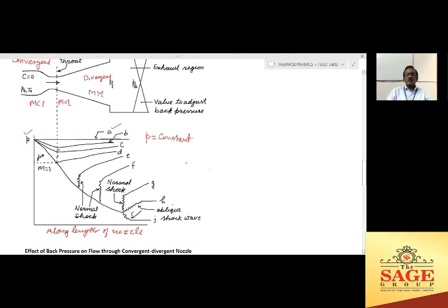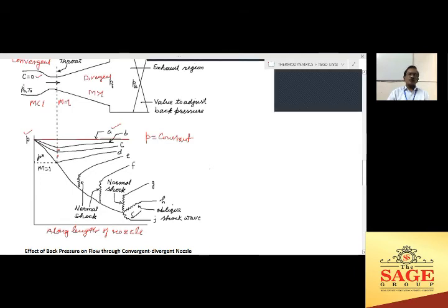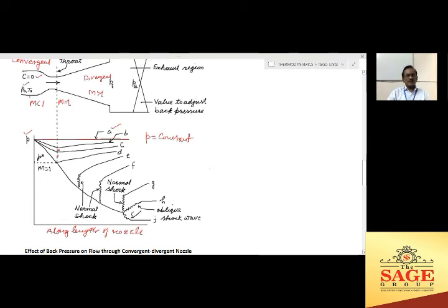So when there is no change in the pressure, definitely no flow occurs. Initially, at the inlet side, we have considered C equal to 0, or the velocity is 0. So the fluid is having 0 velocity, and corresponding to this condition, the pressure is P naught, which is called the stagnation pressure, and temperature is T naught, which is called the stagnation temperature.